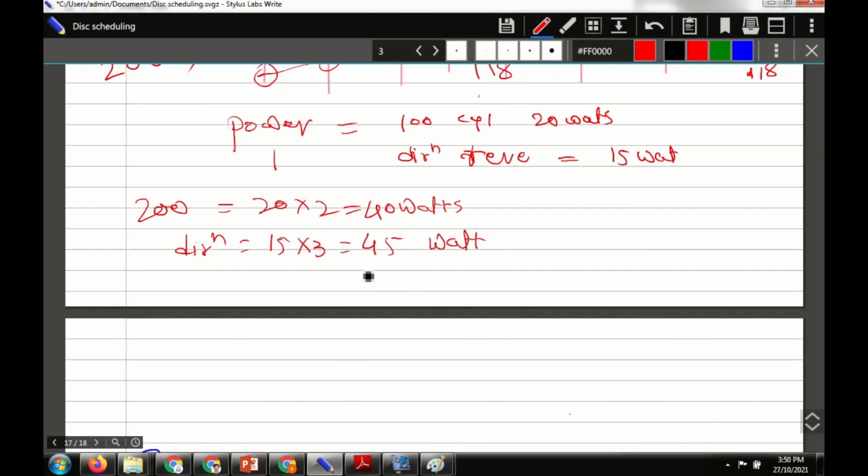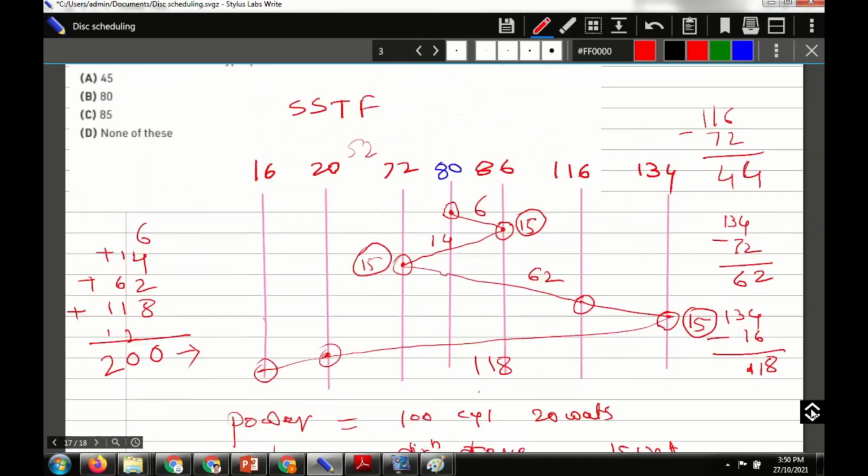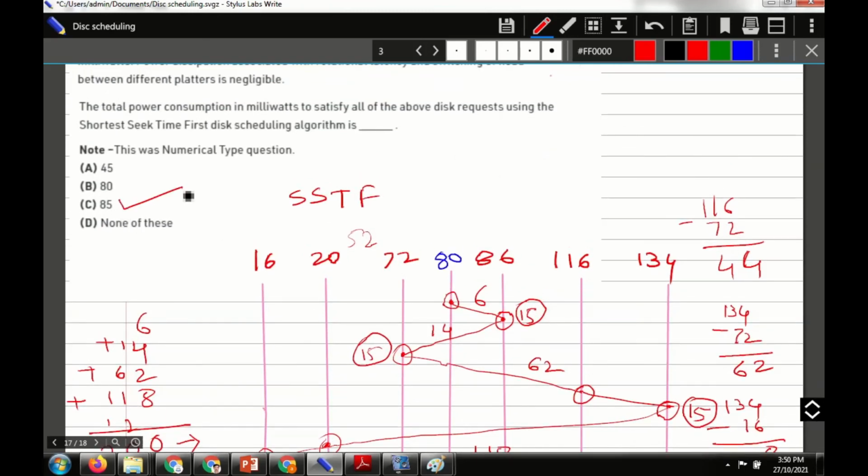So the direction is reversed 3 times, and 15 times 3 gives 45 required for direction reversing. So 40 plus 45 is 85, that is the power required to process the requests. So the correct answer is 85.